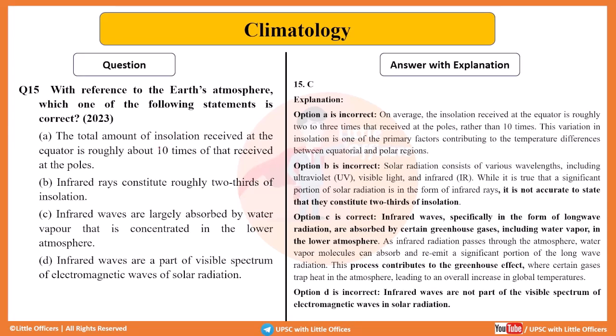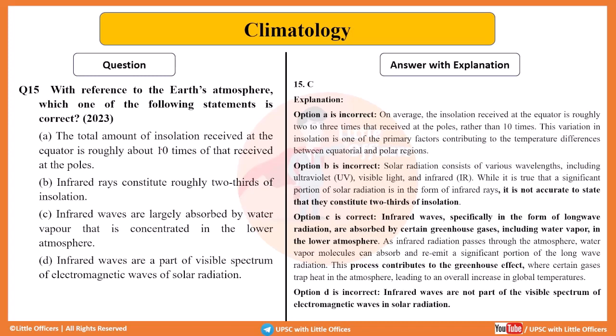So don't immediately conclude whether the statement is right or wrong. Generally, in the latitudinal heat balance, the surplus that we get at the equator is roughly 2 to 3 times more than what we get at the poles. Then it will be taken by the oceanic currents and winds, which will compensate it.